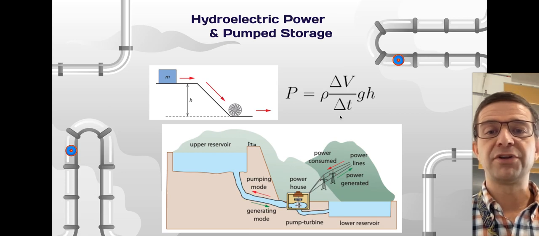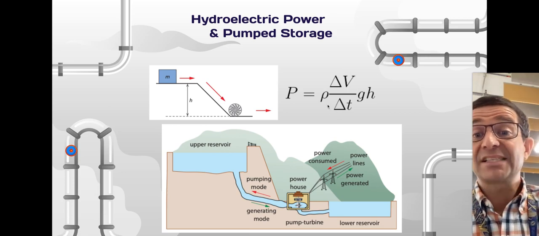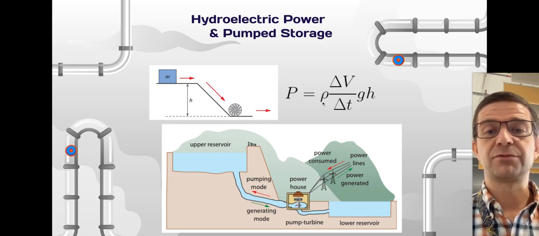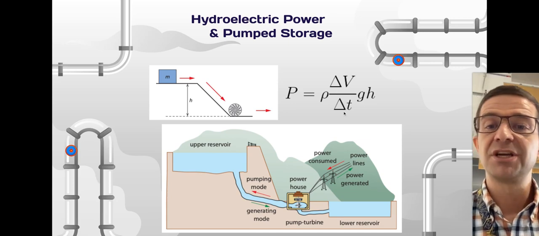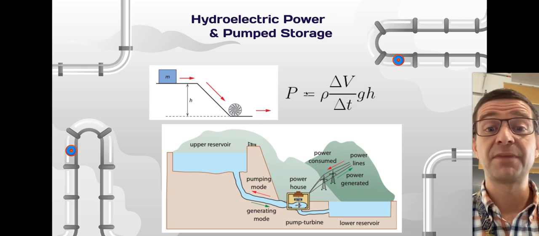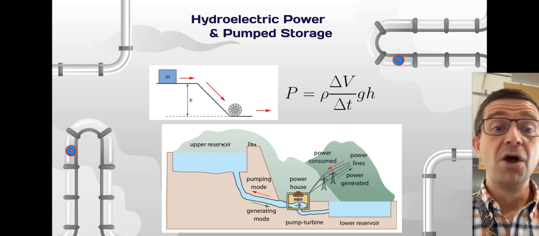The volume per unit time can be converted into a mass per unit time by multiplying by the density. And then you have this rho VGH, which is essentially MGH per unit time. So it's like potential energy divided by time, which is the power.